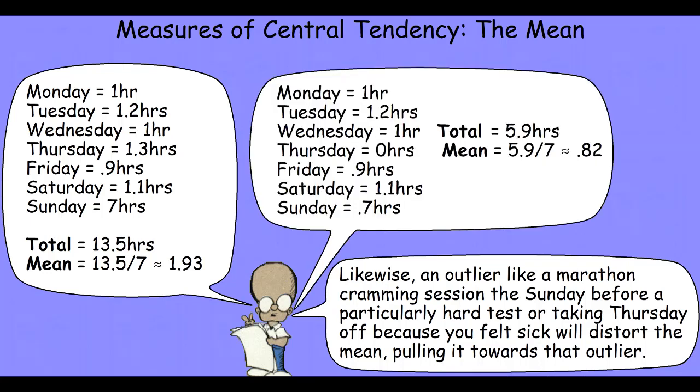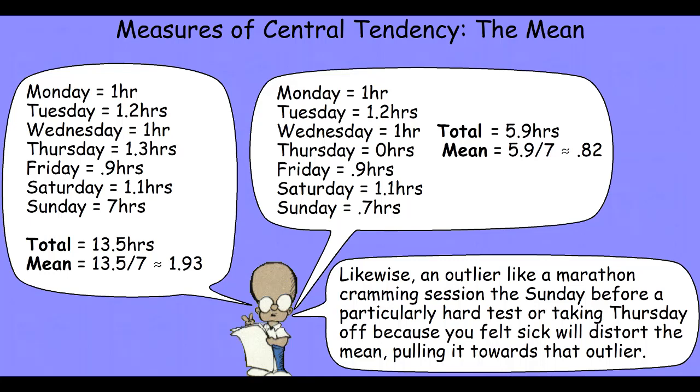Similarly, that Thursday you took off will lower your total hours for the week to 5.9 hours. Divided by 7 gives you approximately 0.82 hours, and so now you're studying less each day than you did for every day but your sick day and your Sunday.